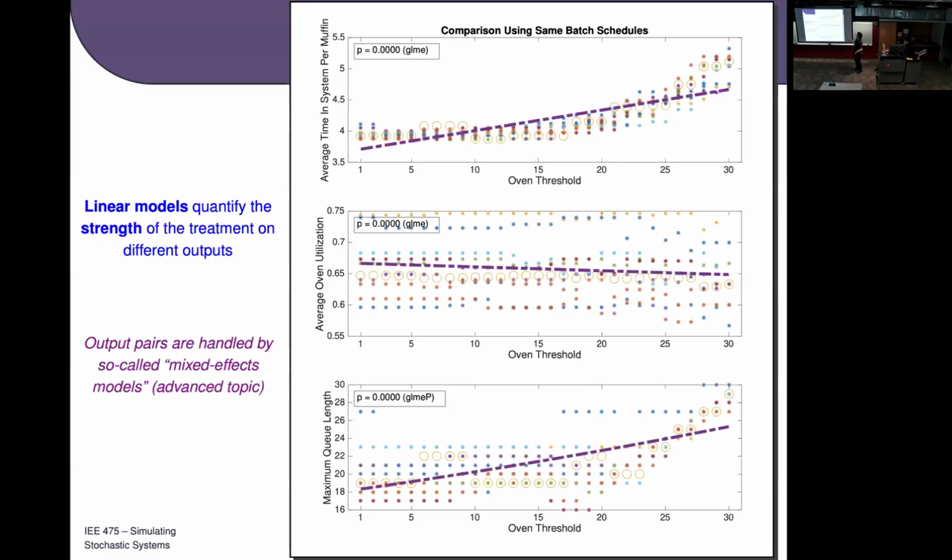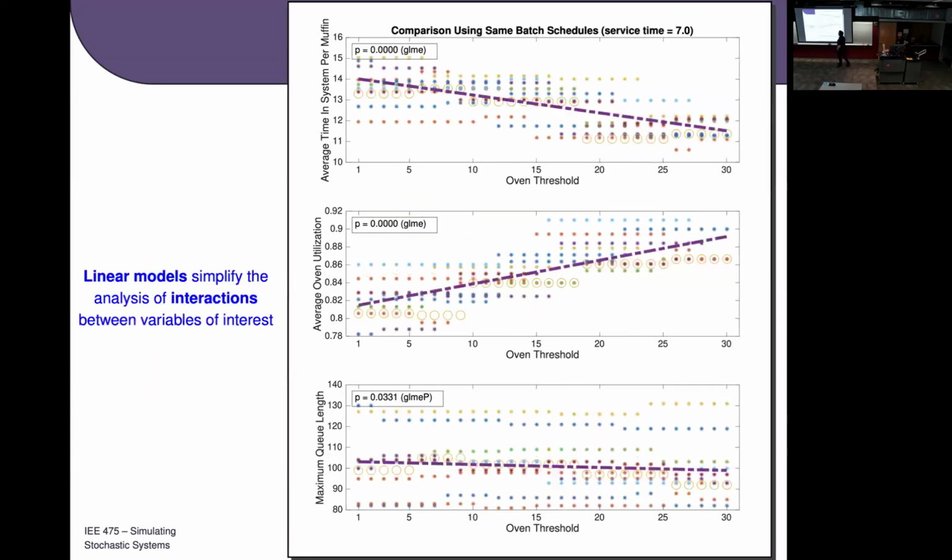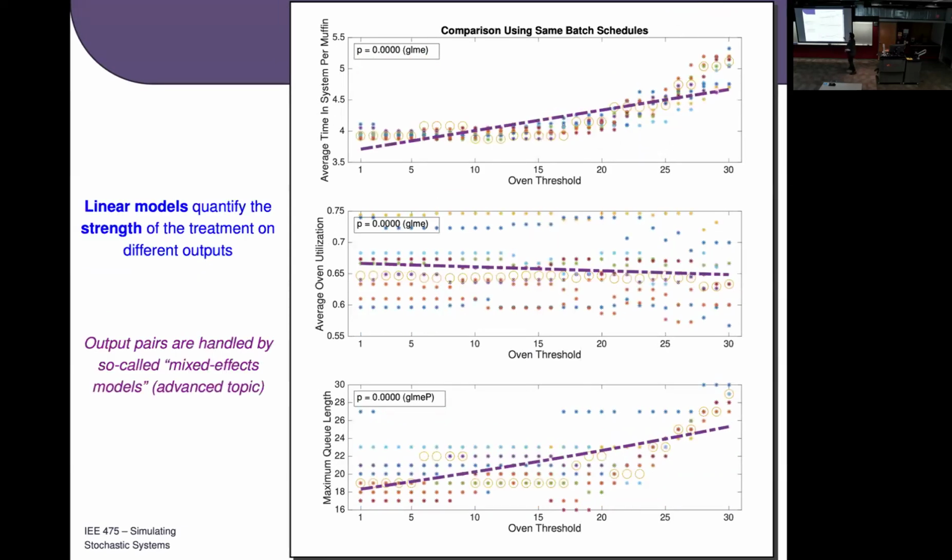And we can then fit regression lines. And so we can sort of get an idea, through linear models, of the rough idea for every muffin, how much do you increase the time in the system? So we can study interaction effects with linear models. By interaction effects, it's using this idea that sometimes, so notice here, the result is going up.